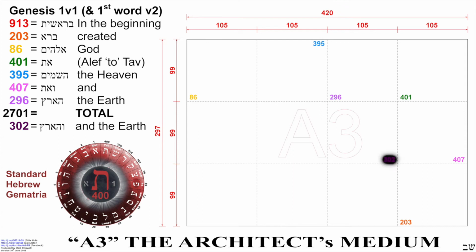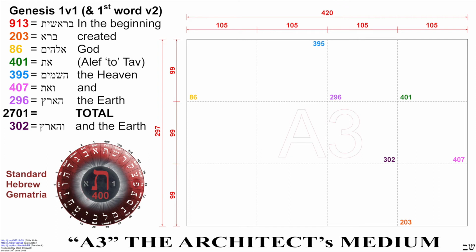From the number 302, if we move 1 unit to the right and we add 105, we will come to the number 407, which just happens to be the gematria for and in Hebrew.